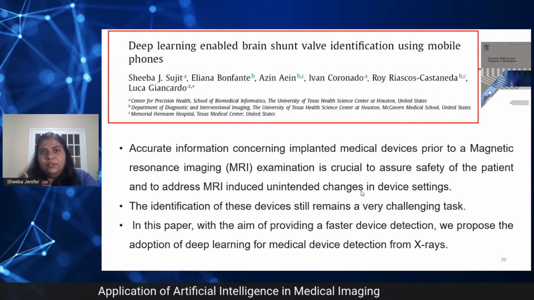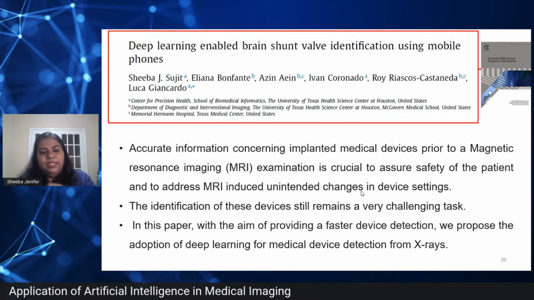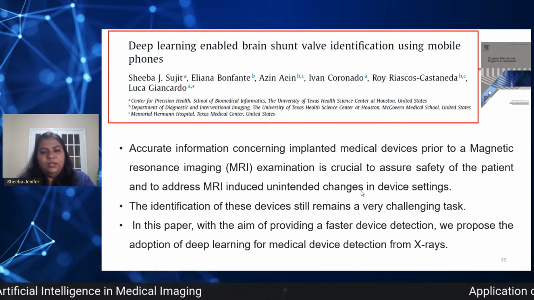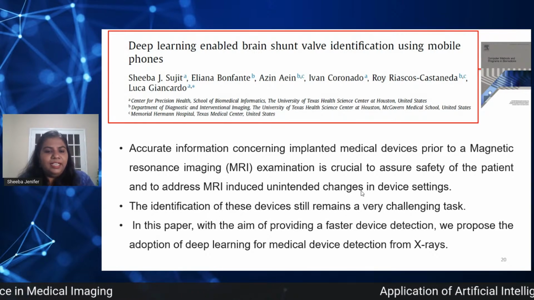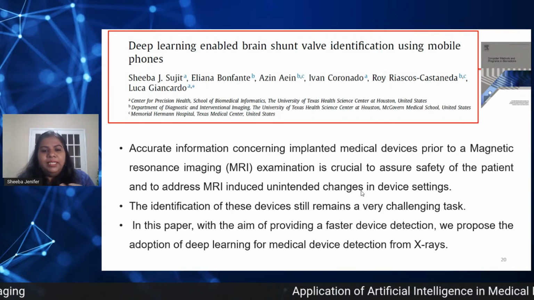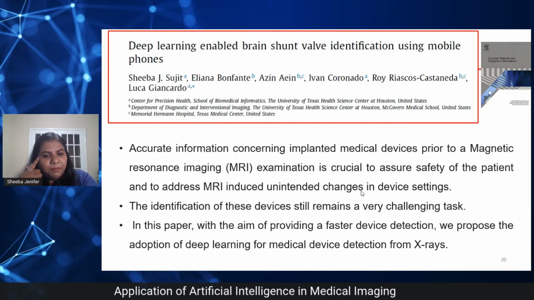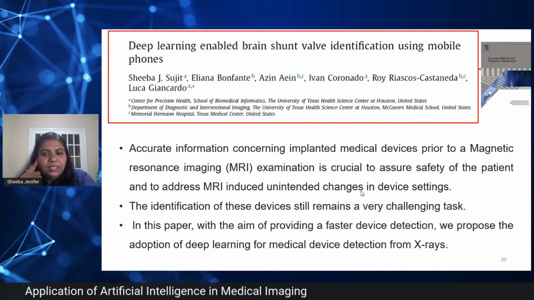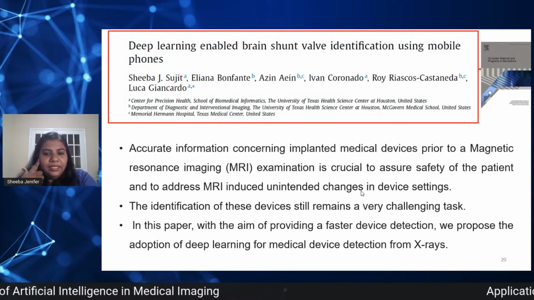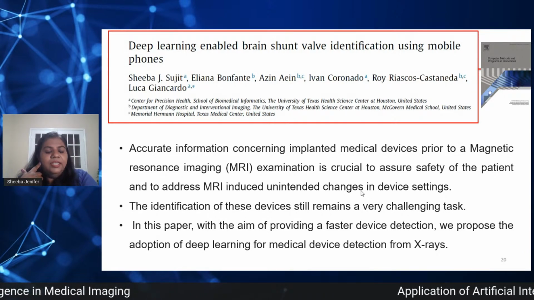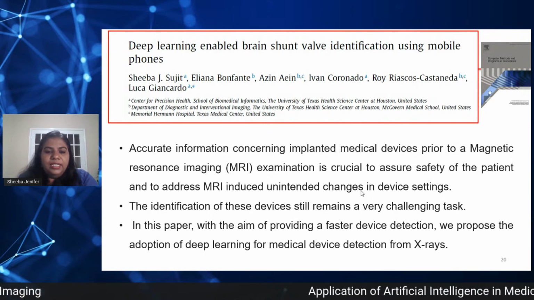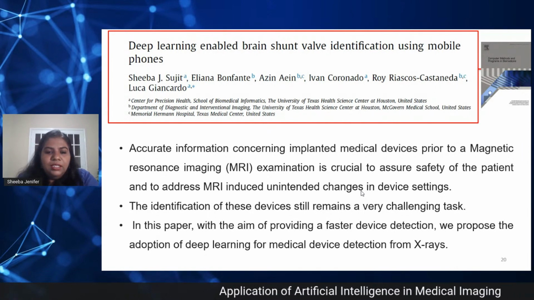All the patients will be removing their watch and all the metal things attached to their body. But sometimes some patients will have devices implanted inside the brain. It is metal and it is dangerous if they are not checked properly and are sent inside the MR machine.